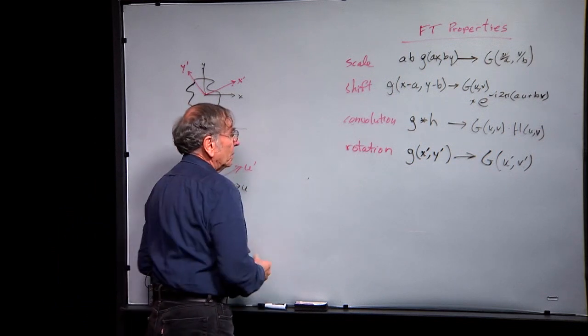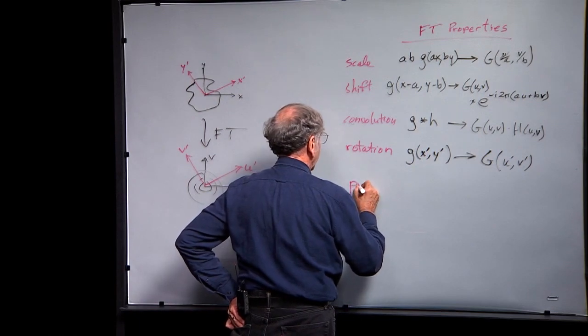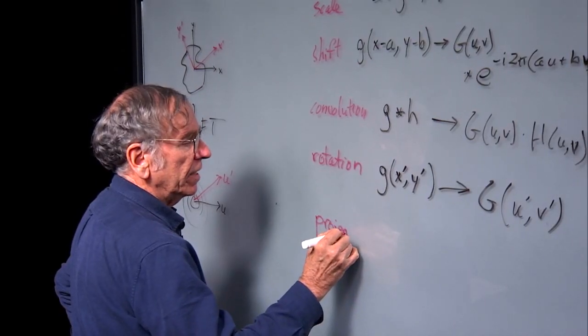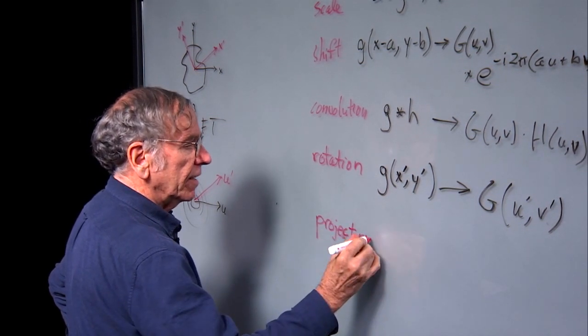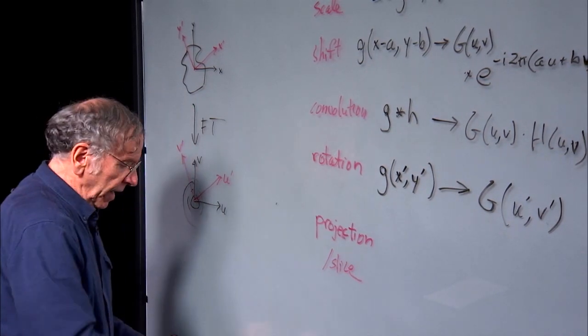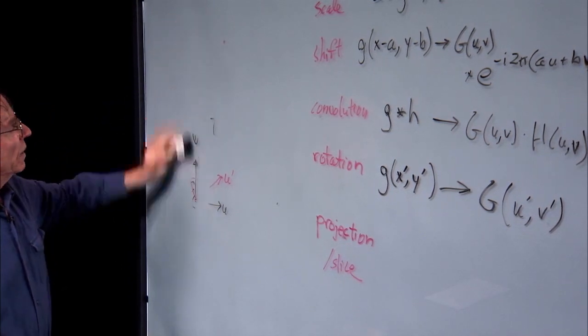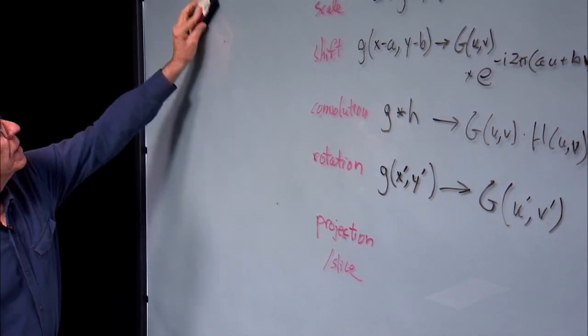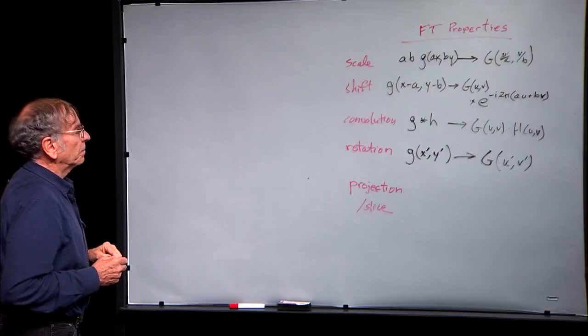Finally, there's one property that we are going to really like, which is the projection slice property. And it has to do with computing lower dimension projections from higher dimension densities.